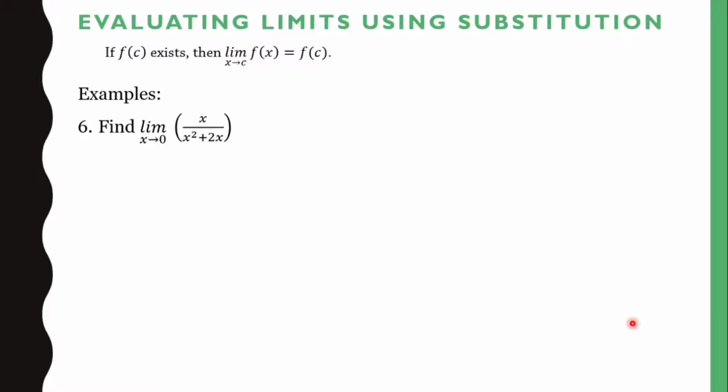So we will find the limit of x over x squared plus 2x as x approaches 0. When we directly substitute 0 to our given function, that will become 0 over 0 squared plus 2 times 0. So the answer will be 0 over 0.